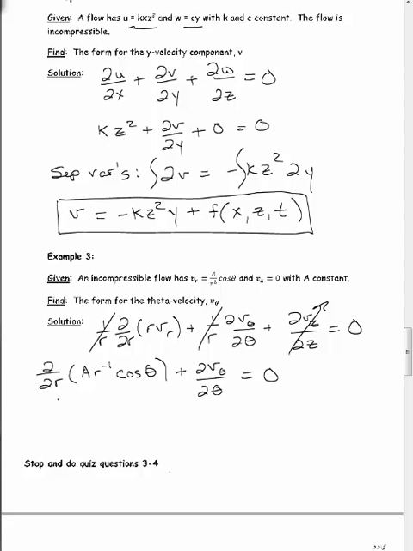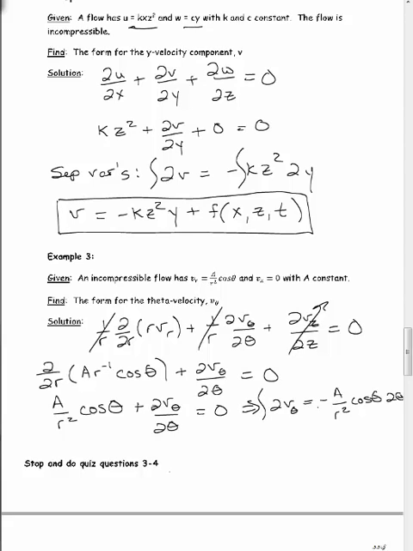So we're going to end up with minus A over r squared cosine theta plus dv theta d theta equals 0. Okay, and again, separate the variables, and what you get then is dv theta equals minus a over r squared cosine theta d theta.